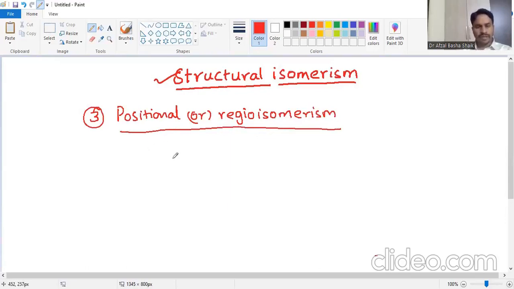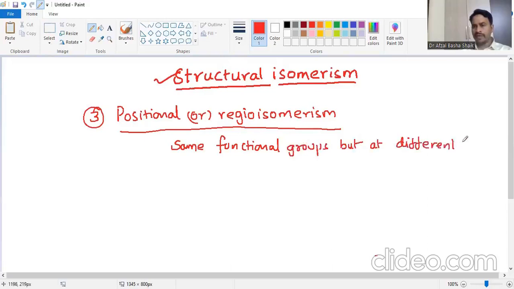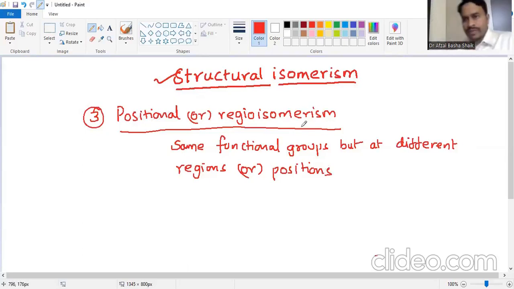So positional or regioisomerism is they have the same molecular formula, and they have same functional groups, but at different regions or positions. That is why it is called positional or regioisomerism, right?